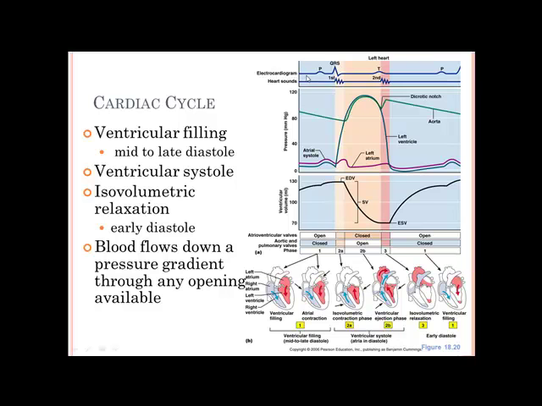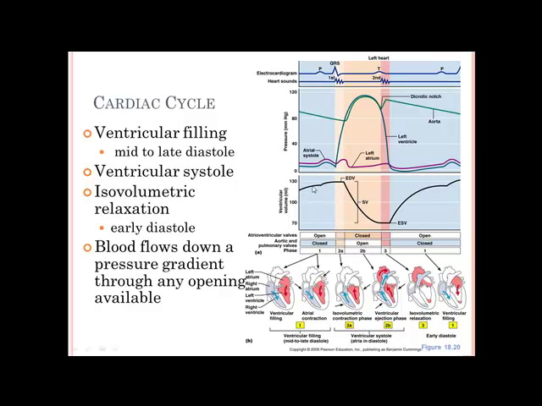We have our ECG. P wave occurs. When the P wave occurs, SA node fires, atrium contracts. Pressure in my aorta is declining here. When my P wave fires, pressure in my atria blips up. Pressure in my atria is greater than pressure in my ventricle, so blood is flowing from my atria into my ventricle.